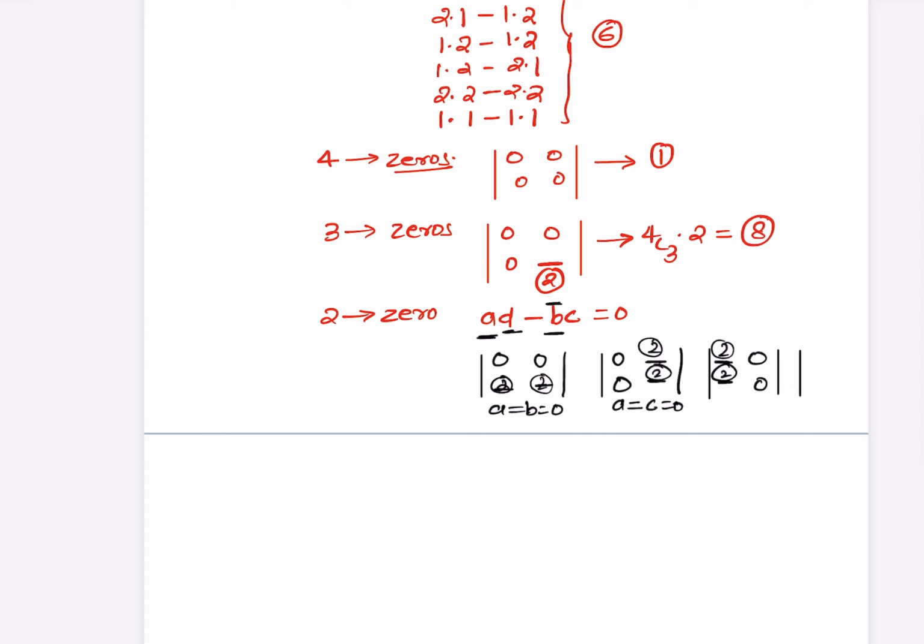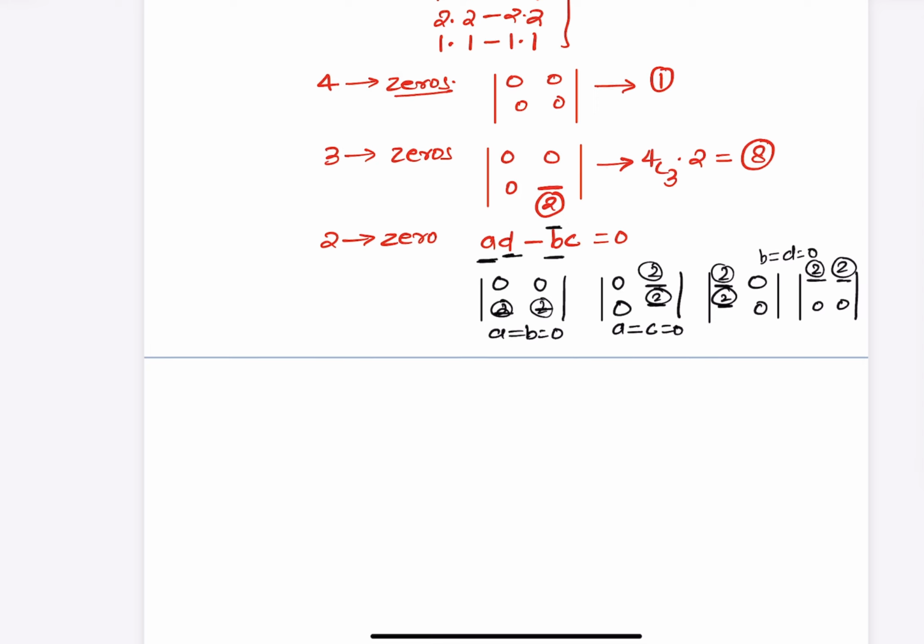Or D and C we can take 0. In the earlier case we took B equal to D equal to 0, and in this case we take D and C as 0. So these two places we can fill in two ways. Any other possibility is not there in this case.